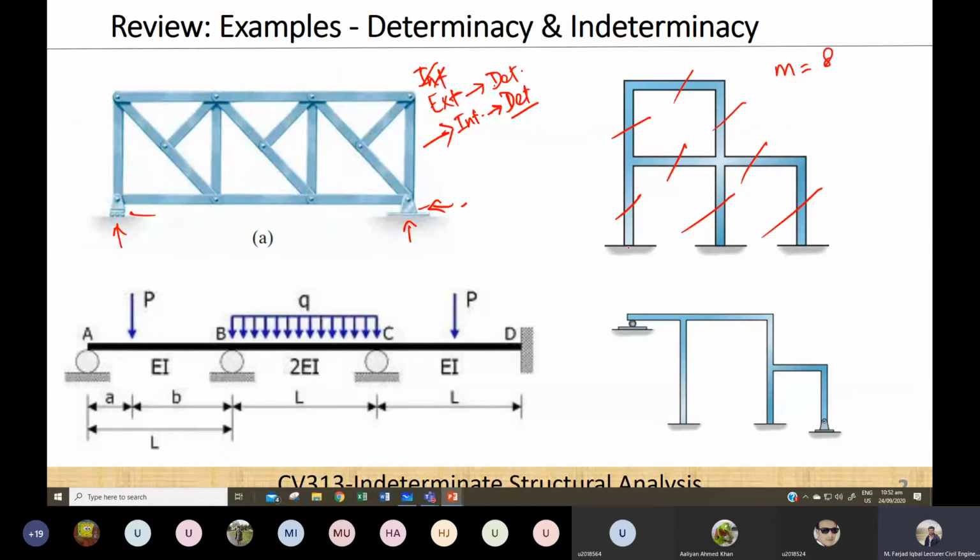How many joints? 1, 2, 3, 4, 5, 6, 7, 8. Joints is 8. And how many reactions?